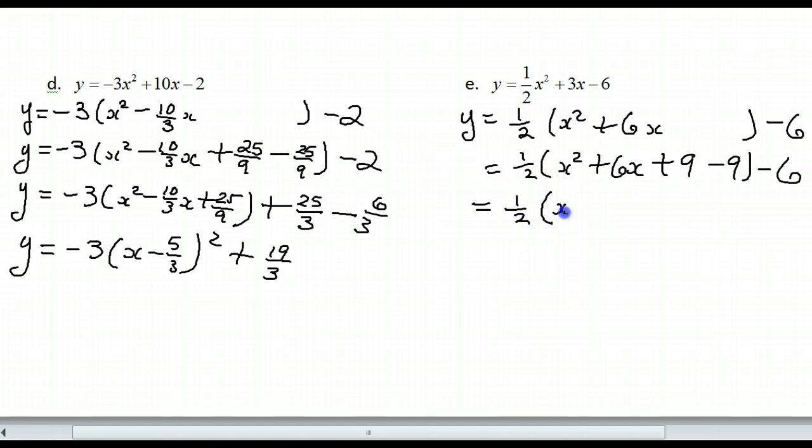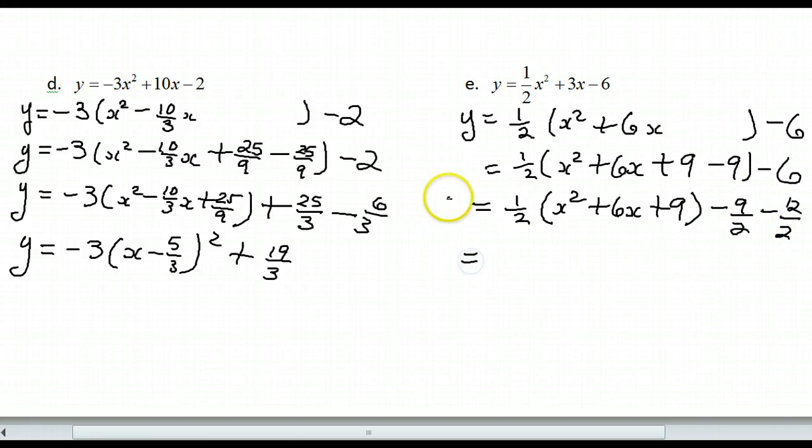1/2. Let's remove this minus 9 from the brackets. X squared plus 6x plus 9 minus 9/2. While I'm at it, let's write this over 2. It'll be minus 12/2. Finish off. All of these are y equals, of course.